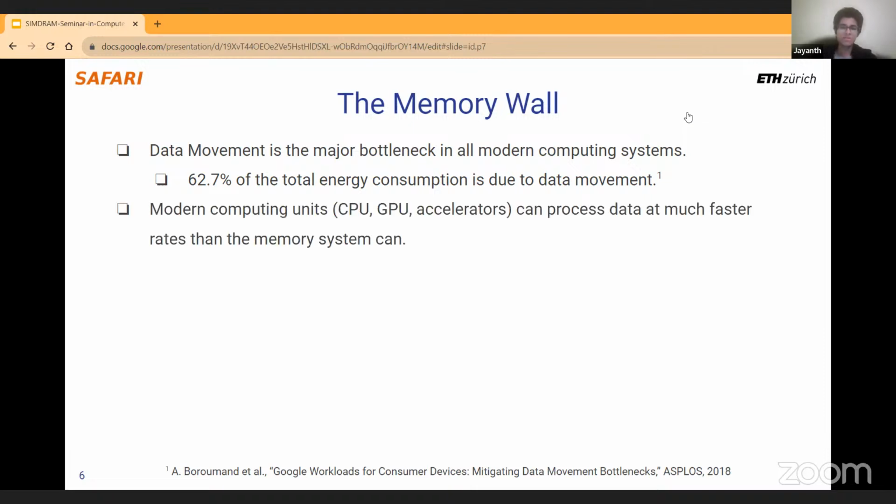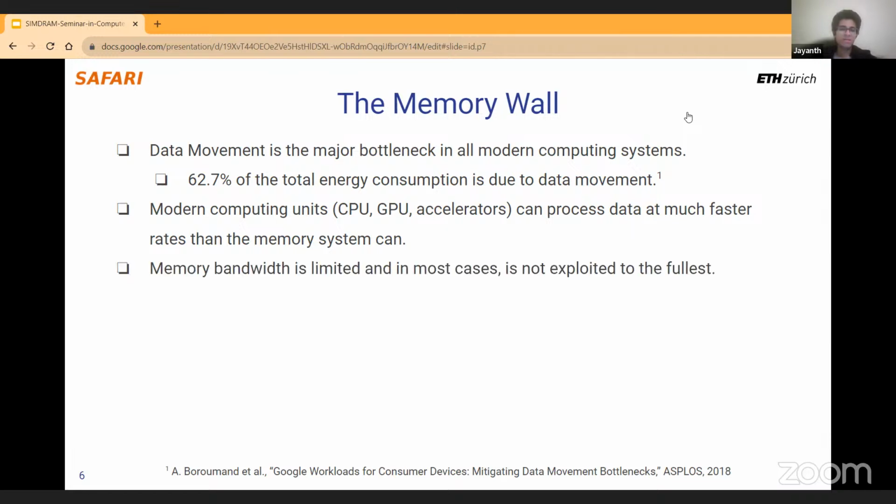And the computing units that are designed now, CPUs, GPUs, and even specialized accelerators, are technically capable of processing data at much faster rates than the memory system can even provide data to them. This is due to the limited memory bandwidth, which remains unexploited to its peak.